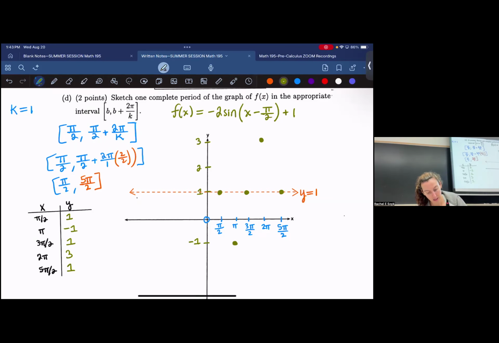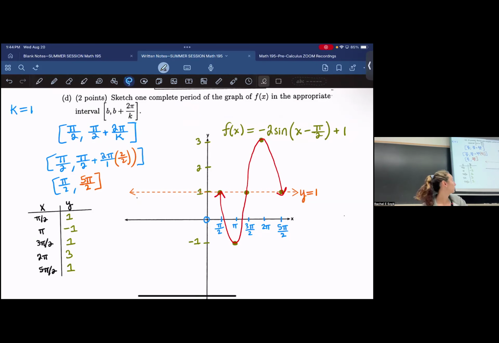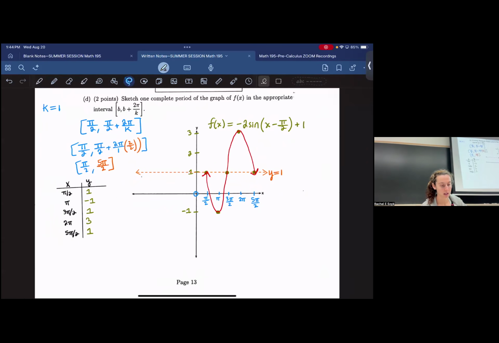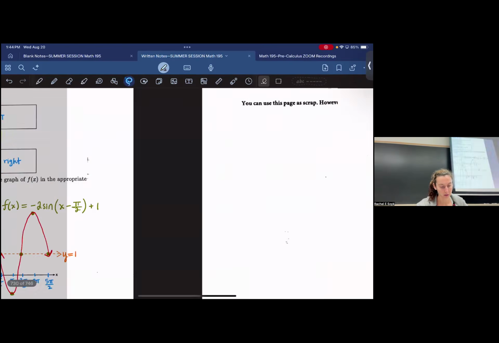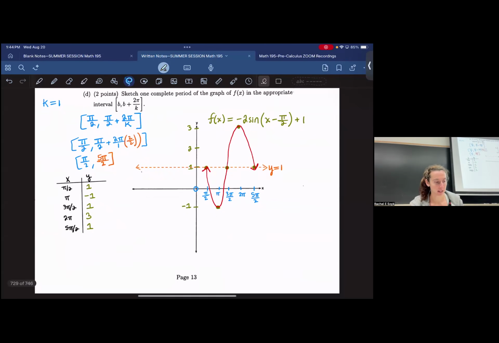So when we sketch this out, we end up getting something like this. And that's it. So that completes, let me just double check, yeah, that completes our final exam, sample 8A.